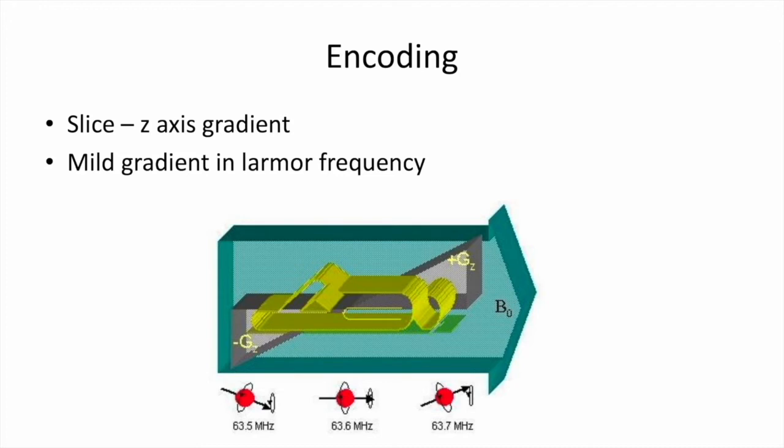Now, the RF pulse with a particular frequency will excite only that particular slice of tissue that has the same frequency of precession, thereby exciting a thin slice of tissue rather than the whole body.